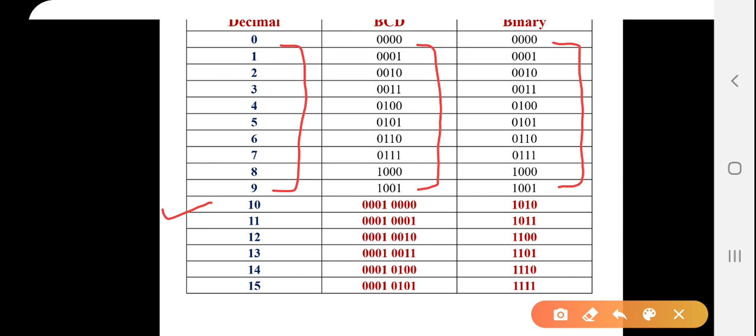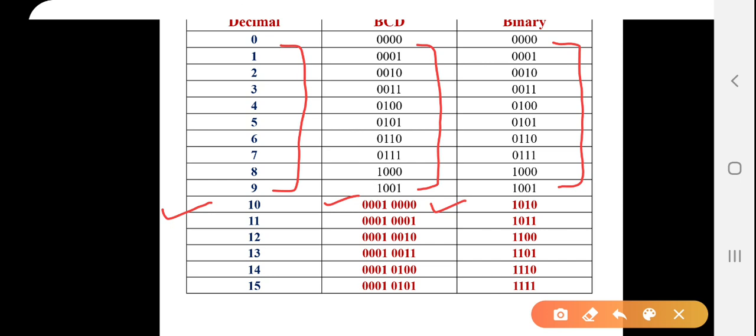Since in 10 there are 2 decimal digits, corresponding to 1 we need to write 0001 for BCD, and corresponding to 0 we need to write 0000 for BCD, so that your BCD number will be of 8 bits.